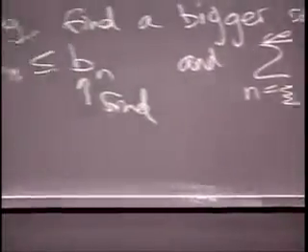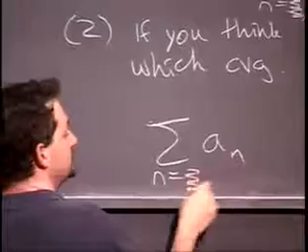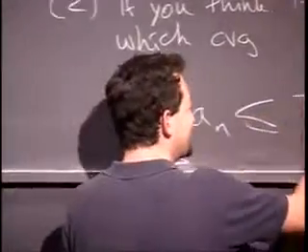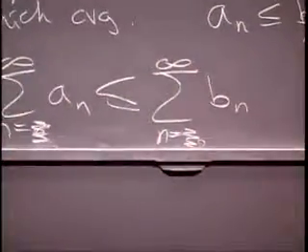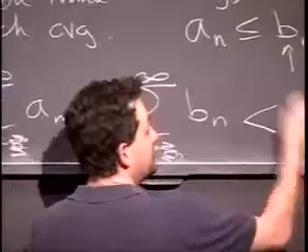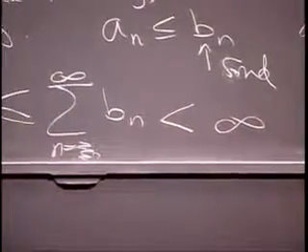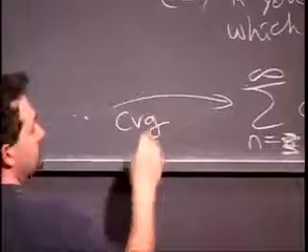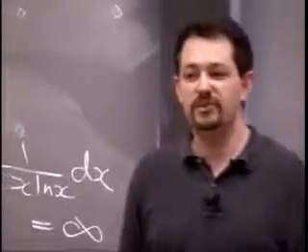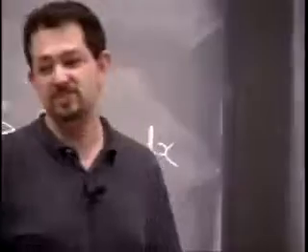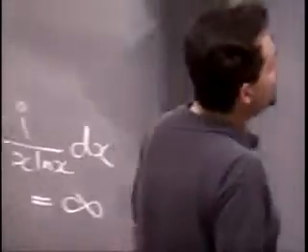So then you have the sum of a_n from wherever to infinity is less than the sum of b_n, which is presumed to be finite. Therefore, this converges after all, as you want. Now, if you look back at the statement that I wrote down of the comparison test for improper integrals, you will see that it's basically the same. I've just changed integrals to series. x goes to n. Instead of writing f of x and g of x, I wrote a_n and b_n.